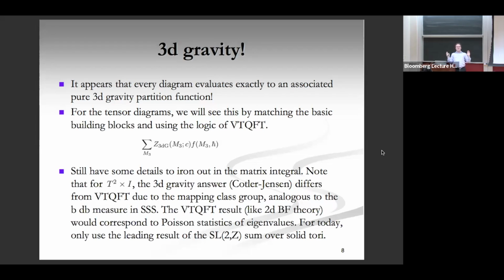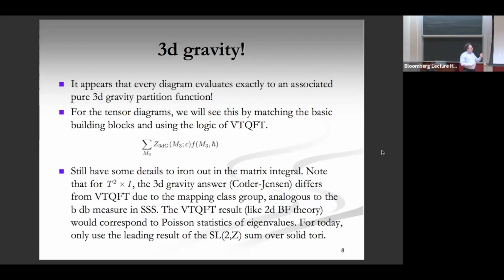That sounds very unphysical, a bad answer from the random matrix theory point of view. So something is a little more complicated here, and I ultimately think the matrix integral will give the 3D gravity answer for these kinds of manifolds. When the 3D gravity answer disagrees with Virasoro TQFT, it seems like an integral over matrices will give the gravity answer. There are still some details to work out.